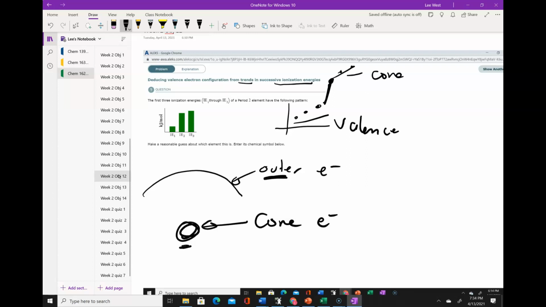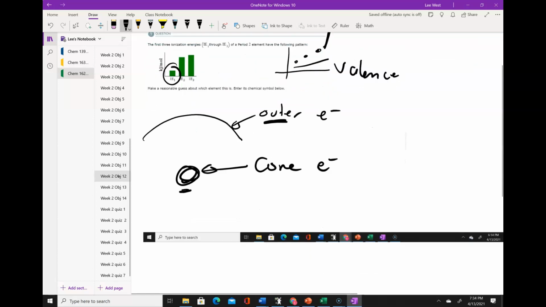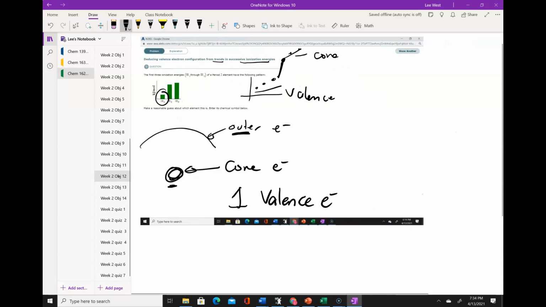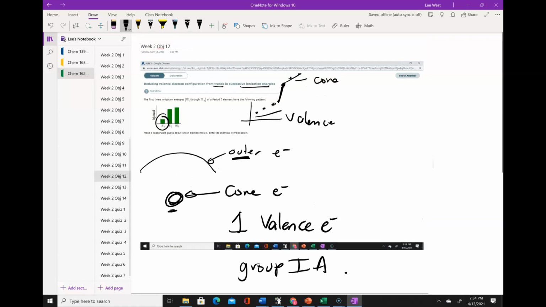So what I'm looking for here is where's the big jump? The big jump in this case is after removal of the first electron. What that tells me is that this one has 1 valence electron, and the fact that it has 1 valence electron tells me that it's most likely in group 1A.